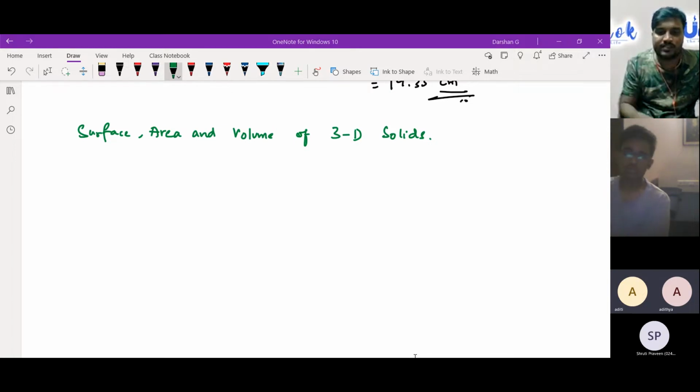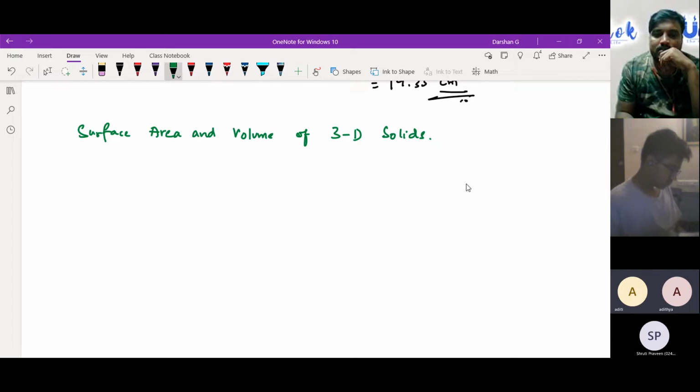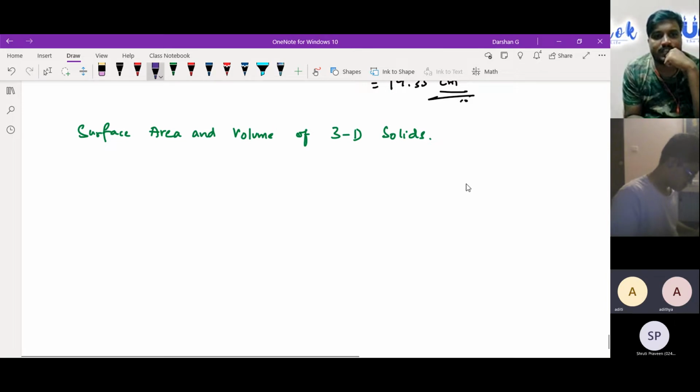So what do you mean by surface area? Anybody? Aditi? Kruti, Aditya, and Manomai, do you know what is surface area?